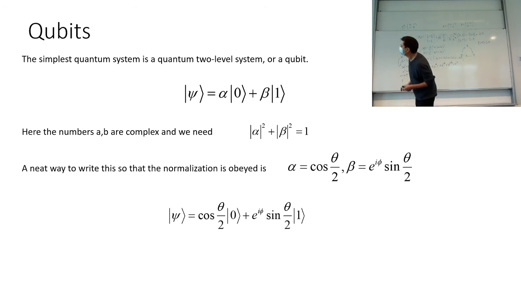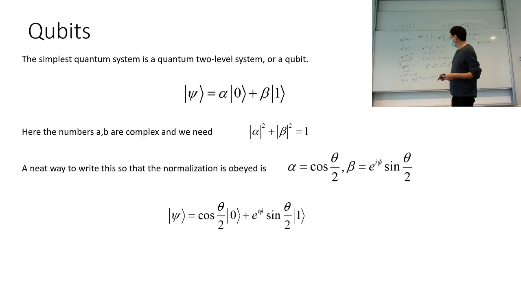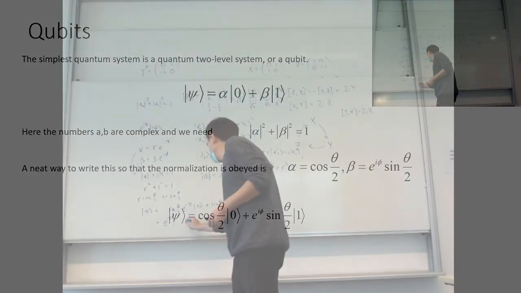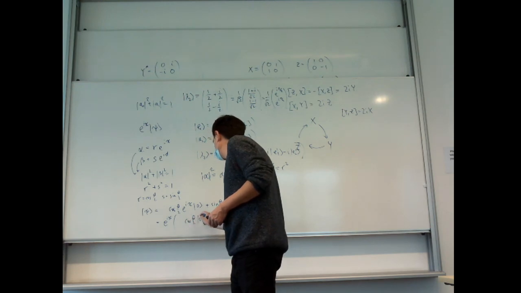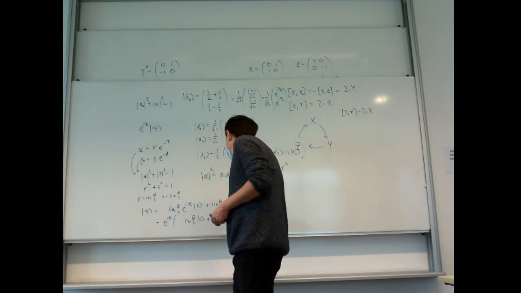So now let's write psi in terms of our parameterization: e to the I chi times cosine theta over 2, and sine theta over 2 with e to the I phi minus chi.